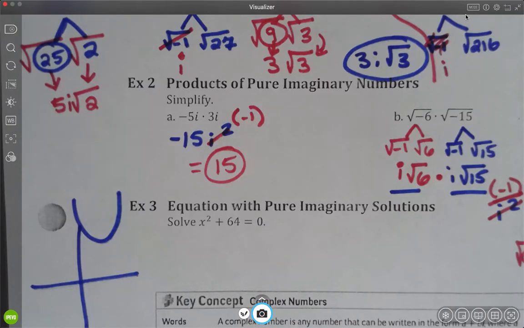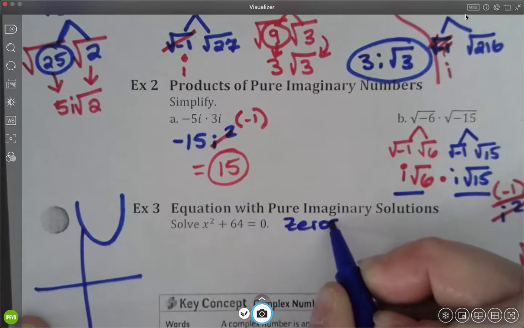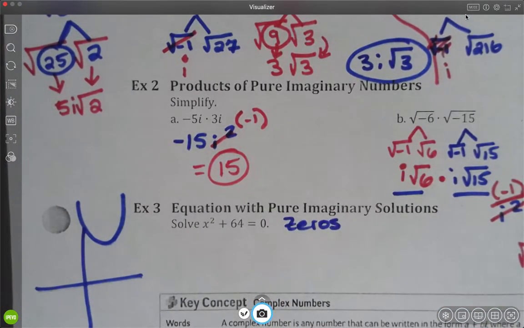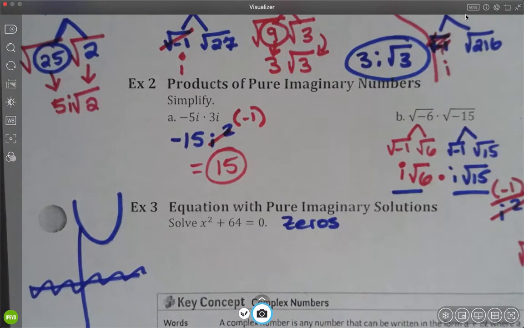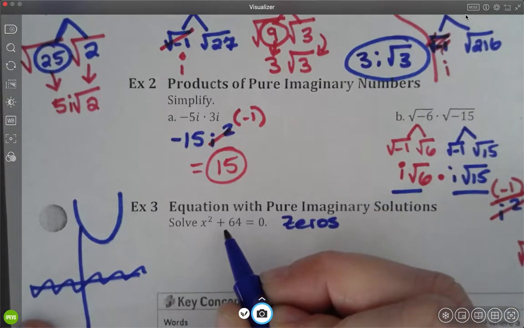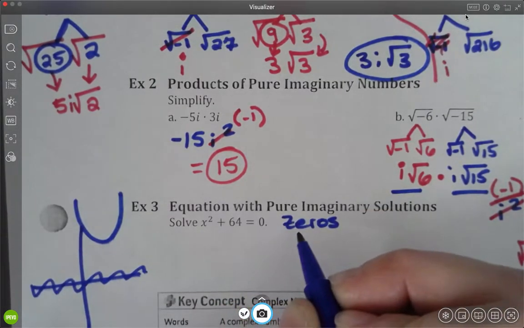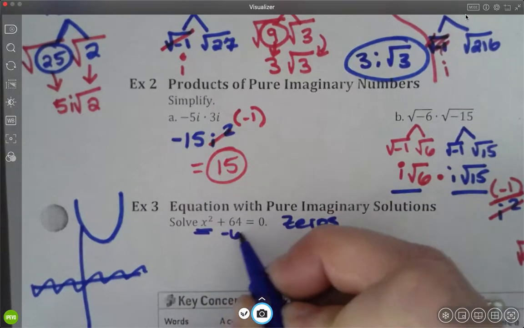So if I'm trying to find his zeros, what's going to happen? If I'm trying to find where he's crossing this thing, there's going to be no solution, right? But when I do the algebra, I have to get an answer. So here's what happens. If I take x squared plus 64 equals 0, and I'm trying to solve for x, I subtract the 64 over.